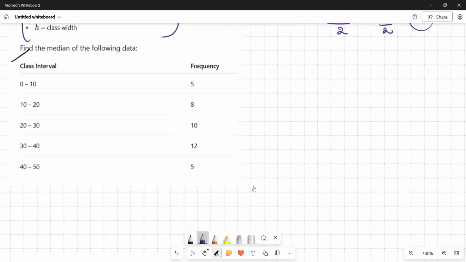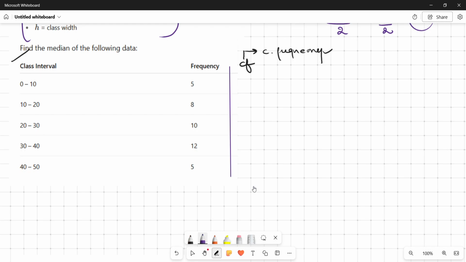So whenever you have a question like this, the first step is to calculate the cumulative frequency. Now you will ask me, sir, what is this cumulative frequency? Let me show you. In the question, first of all you have to find CF. This CF means cumulative frequency.